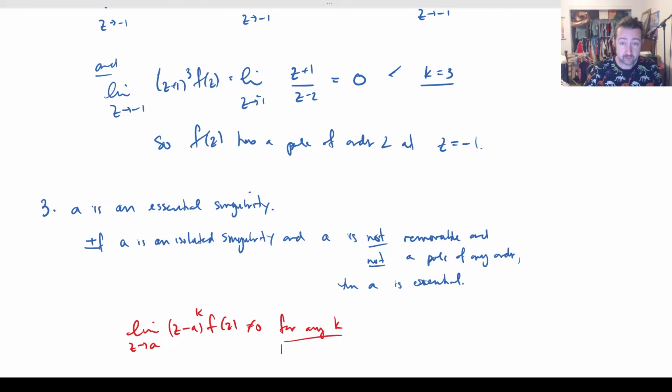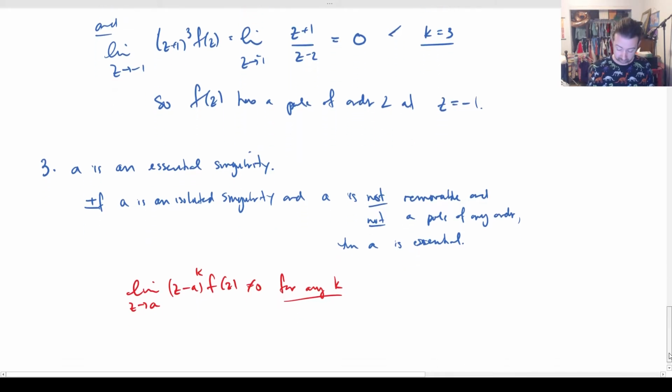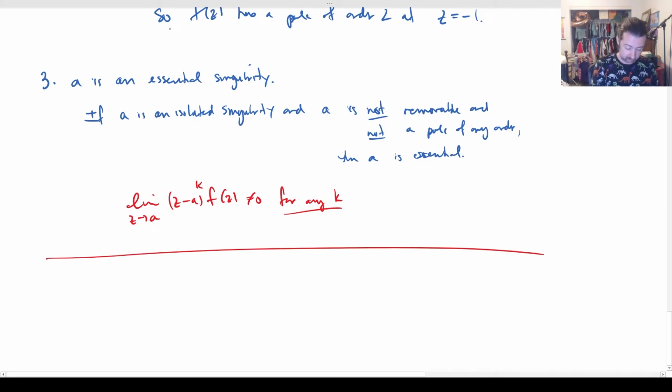So the natural sort of functions that we want to think about when we're thinking about singular functions are a class of functions called meromorphic functions. So here's the definition.